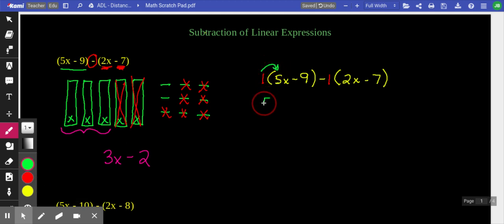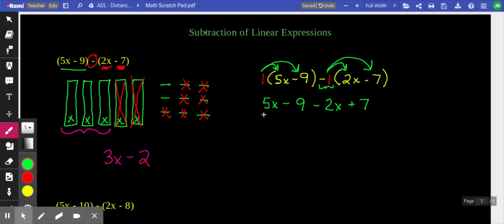So 1 times 5x is 5x. And 1 times negative 9 is negative 9. Now, the difference is over here, this is actually a negative 1. So negative 1 times 2x is negative 2x. And negative 1 times negative 7 is positive 7.